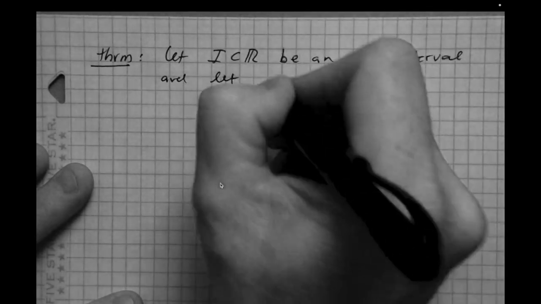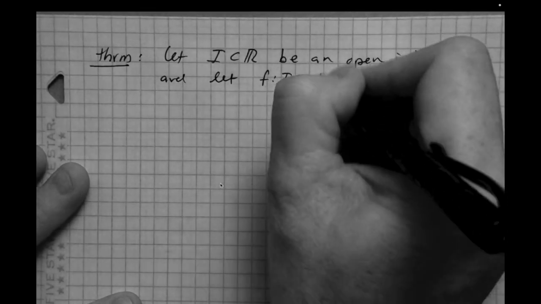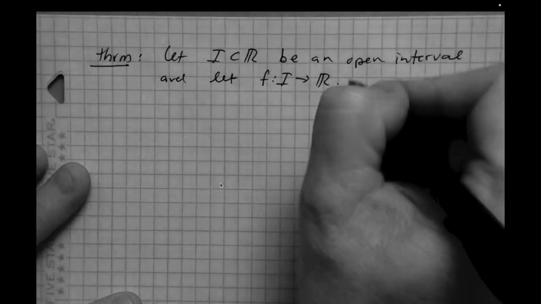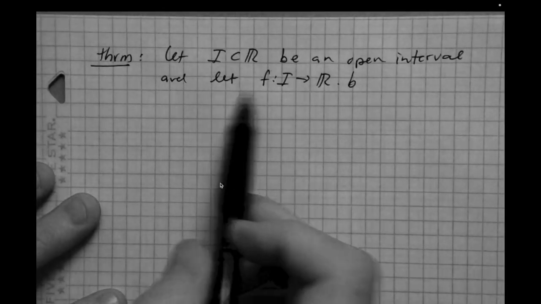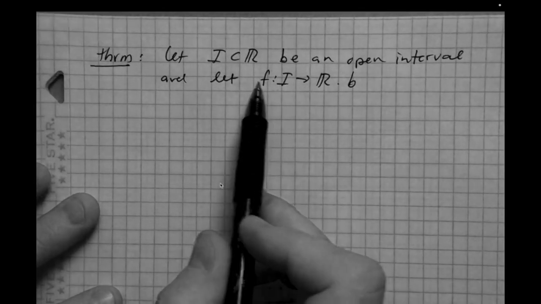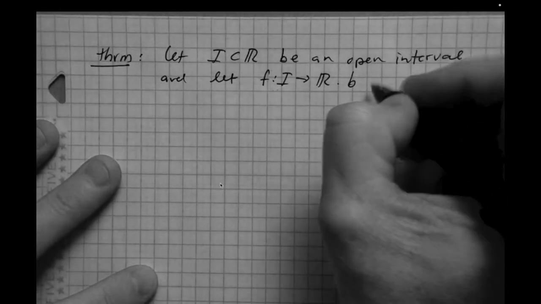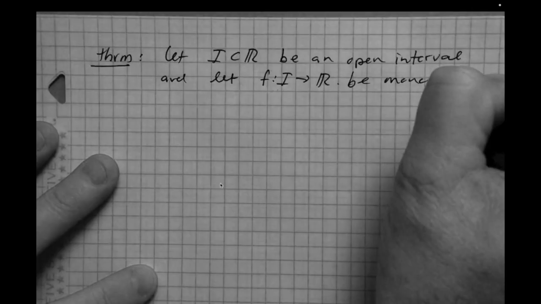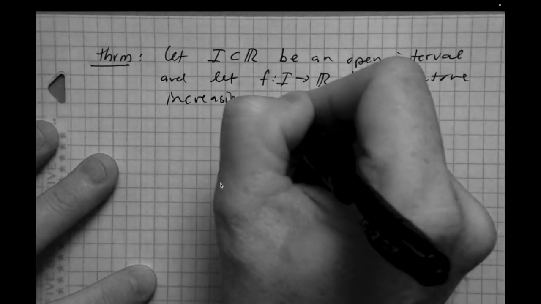And let f be a function on this interval, a real valued function. So we'll let I be an open interval in R, and let f defined on I into R be monotone increasing on the interval, right?